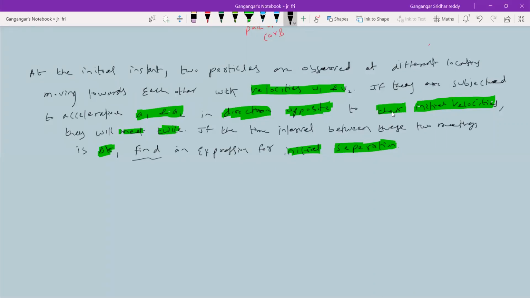The questions are based on relative concepts. Yes, you see, the question is based on relative motion only.